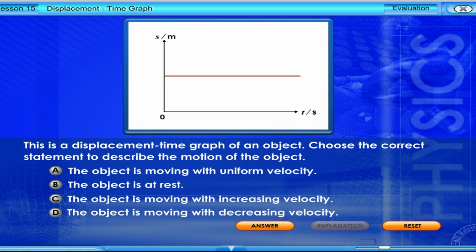This is a displacement time graph of an object. Choose the correct statement to describe the motion of the object.